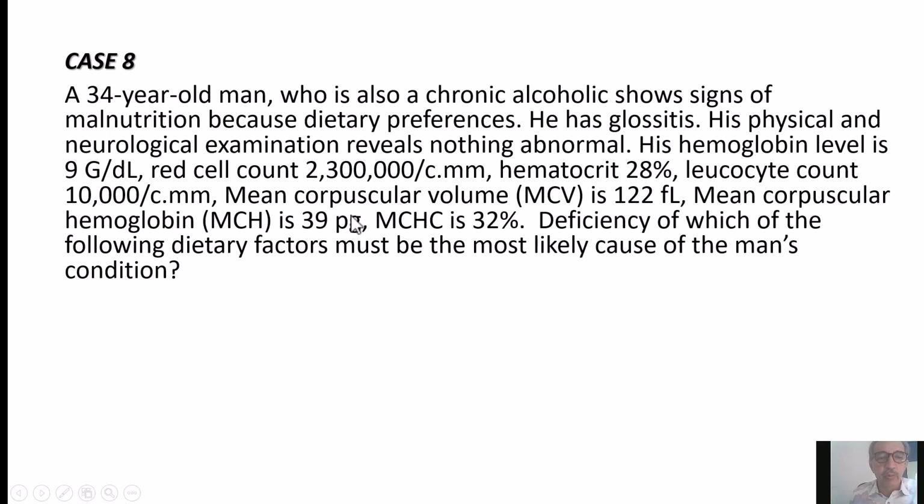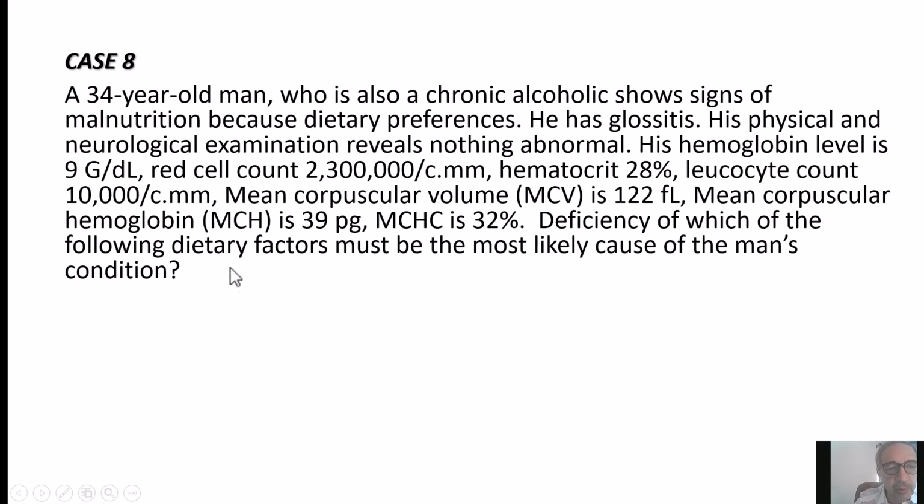Mean corpuscular hemoglobin is 39; 29 is the normal. MCHC is still 32, as we have already discussed, because volume is more and hemoglobin is more, so the percentage of hemoglobin remains the same. Hemoglobin as a percentage of the volume of the RBC is still 32. That means 32 percent of the RBC volume is still occupied by hemoglobin.